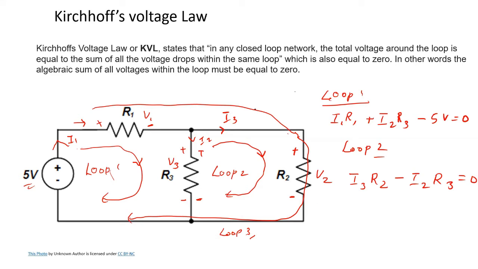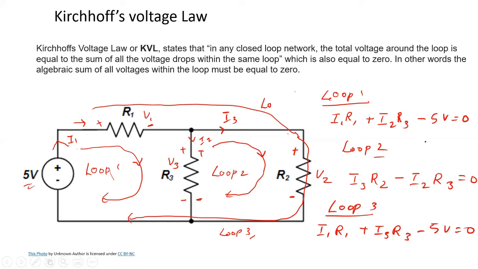If we consider loop 3, which has R1 and R2 and the battery, I will say plus I1 R1 plus I3 R2 minus 5 volt is 0.